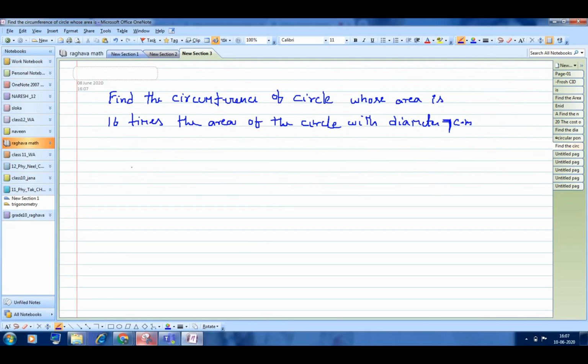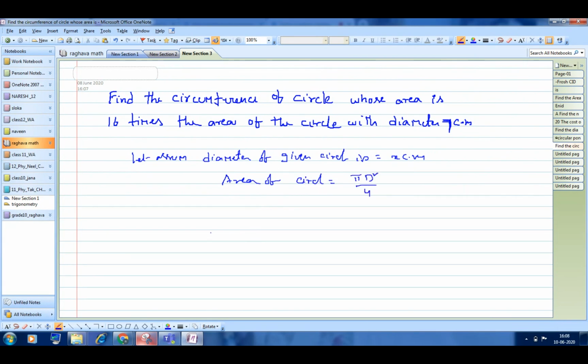First find the area. Let's assume the diameter of the given circle is x centimeter. So area of circle is pi d square by 4.